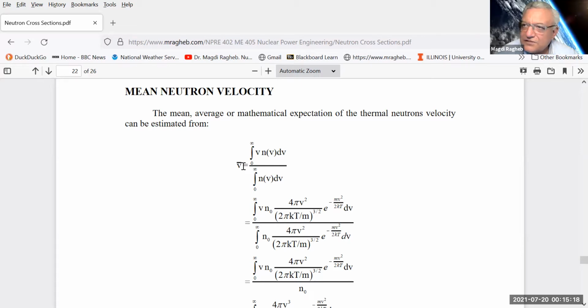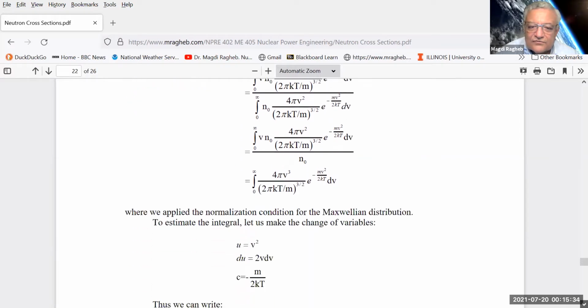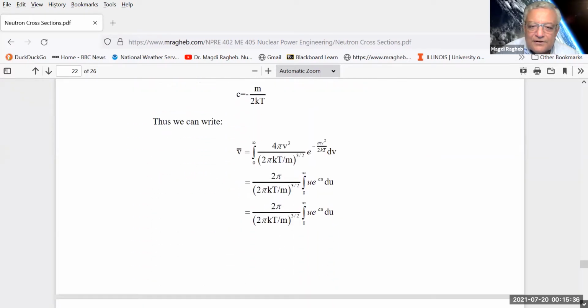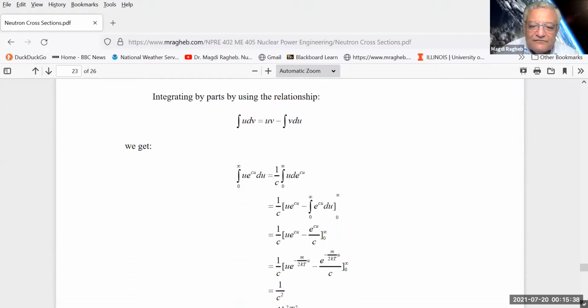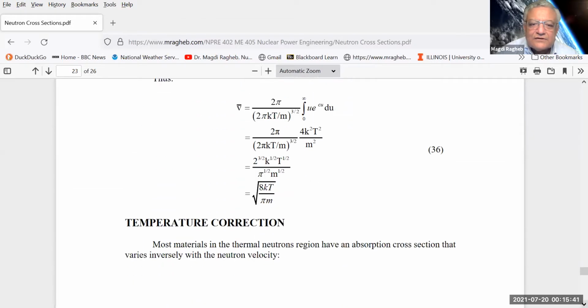Statisticians, mathematicians, and physicists give it different names, but it's all the mean, average, or mathematical expectation. If you multiply the Maxwell-Boltzmann distribution by V and carry out the integration, a complex process where you have to integrate by parts, you find that the average speed of the neutron is not kT, but the square root of 8kT over pi m.